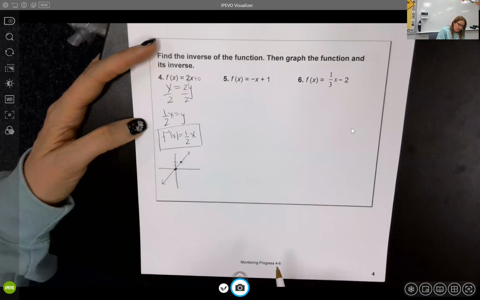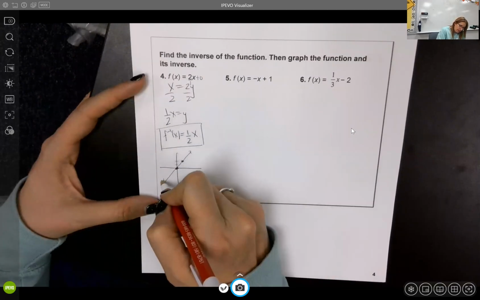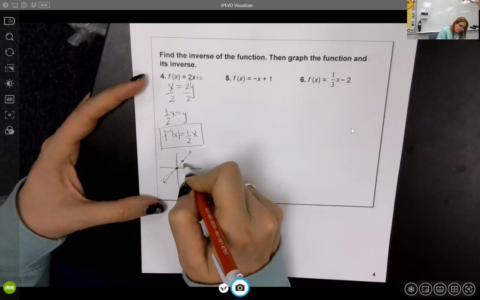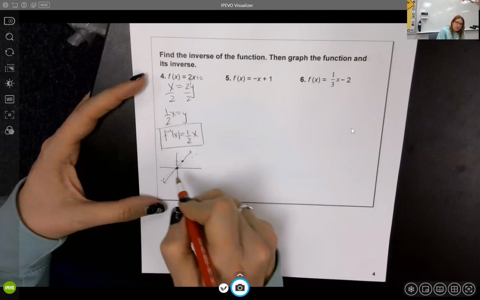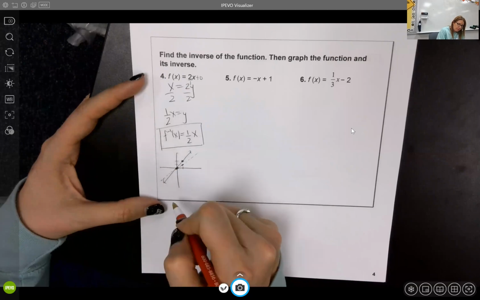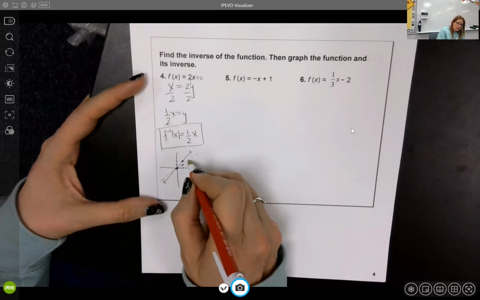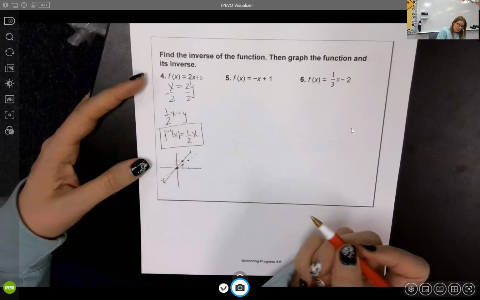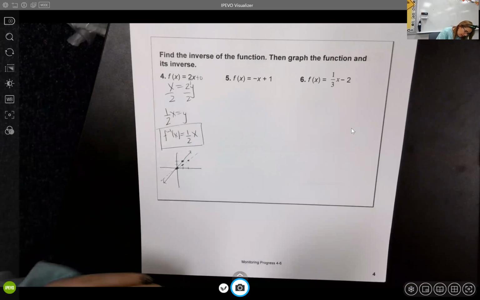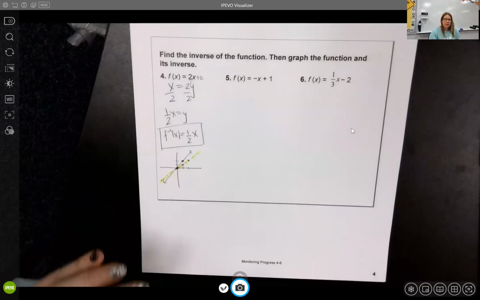So the line y equals x is really close to this line. It's like this, because it goes through 0, 0, and then it goes through 1, 1. Okay, and then it goes through 2, 2. So the line y equals x is really close, but it's still off a little bit. So let's see if I do this. You can see that, okay?